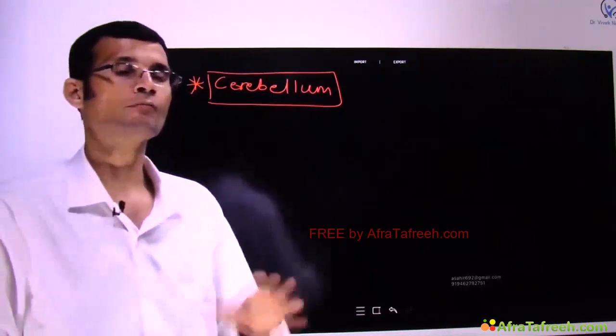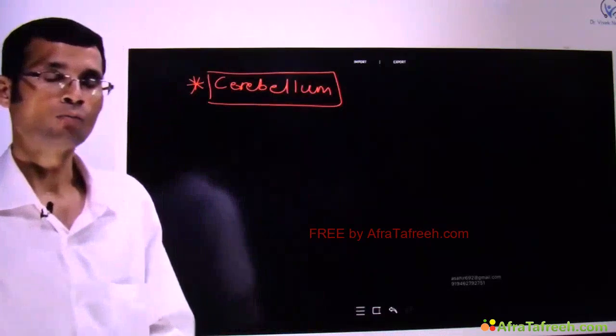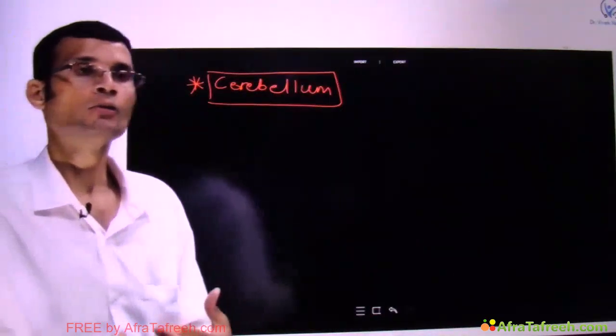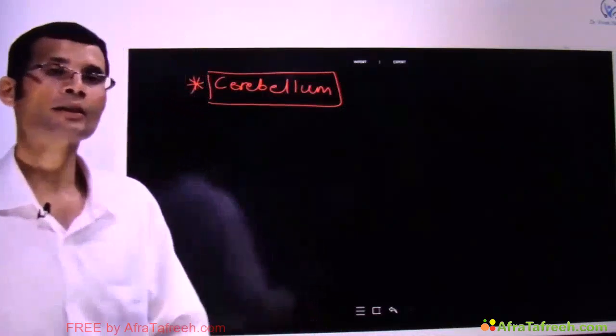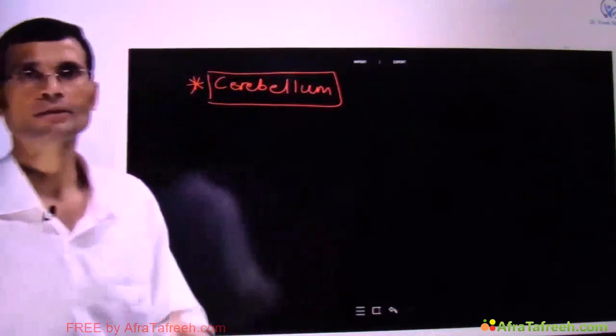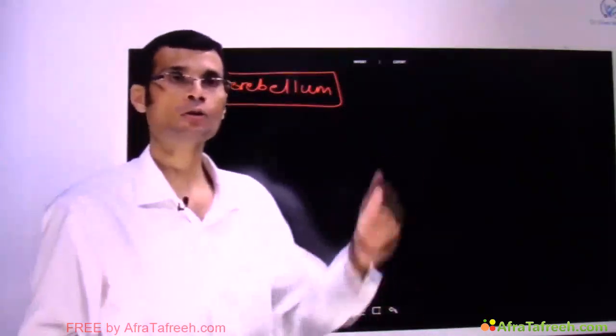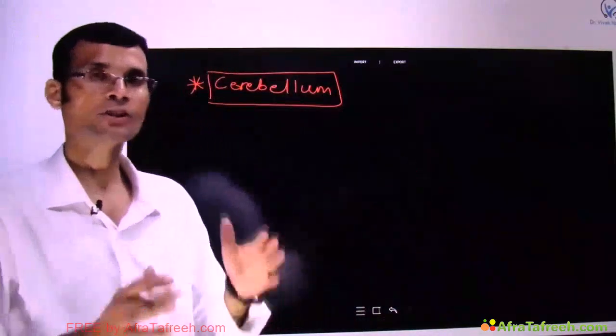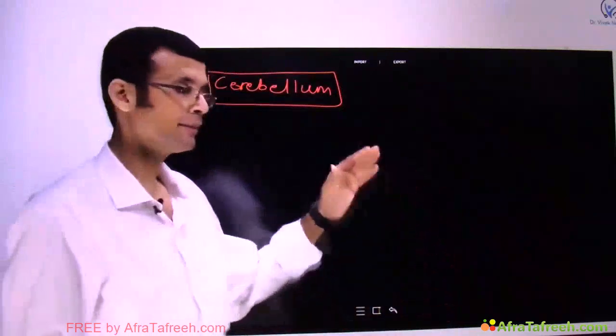Walking is a voluntary movement. Walking has a certain pattern. Where is the pattern generator for walking? Whether it's cerebellum, basal ganglia, spinal cord or motor cortex. The answer is spinal cord. The pattern generator for walking is in the spinal cord.